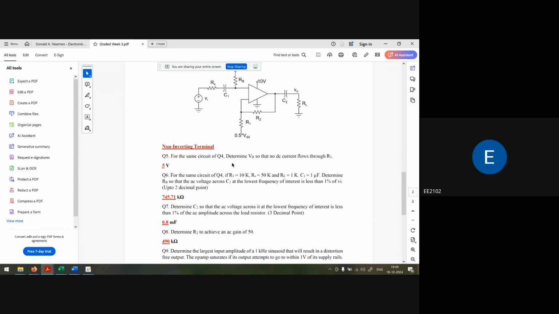We have to apply that. So the AC voltage gain is 50. 1 plus R2 by 10 equals 50. Yes, 1 plus R2 by 10 is equal to 50.